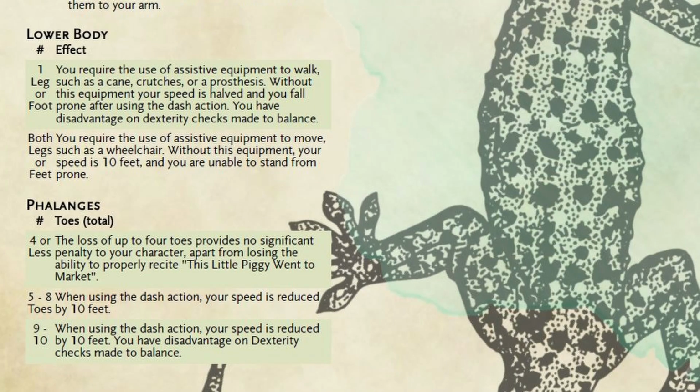It actually has a table for if you have 5 to 8 toes remaining or 4 or fewer toes, and it's a big deal. But it's a very interesting system, and I have to say it's very good in the detail they've put into it to help your characters hate their lives.